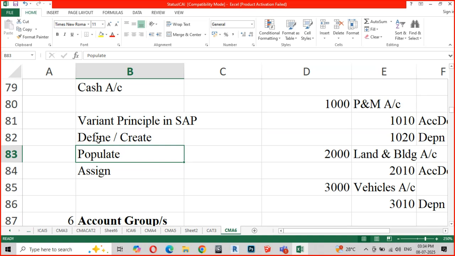You need to create whatever you want to use. So you have created a company code. If you do not create a chart of accounts, how would you start entering transactions in that company code? So you also need to create a chart of accounts. This is the process of creation.